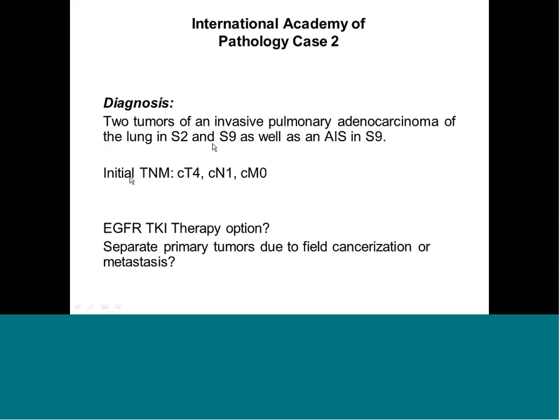In this case, it was initially staged as clinical stage T4, not undergoing resection, and also with a lymph node metastasis. And so we were asked only the question, is there an EGFR mutation?